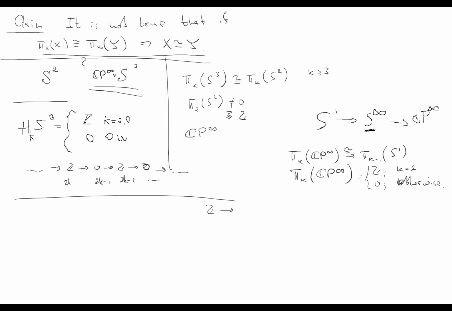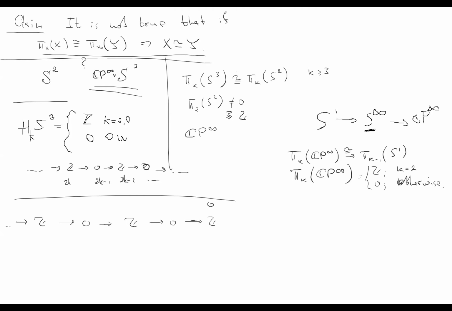I'll start from 0. So I have Z maps to, and this is just my cell complex for CP infinity.